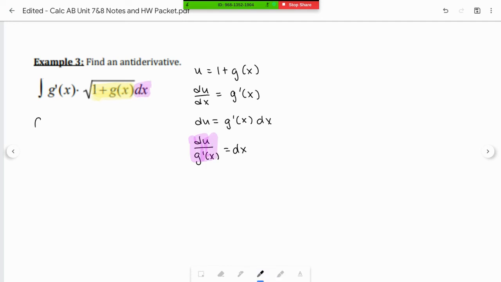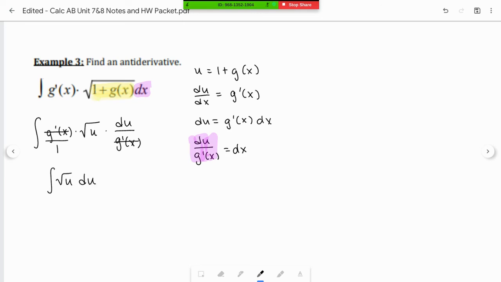And so if I plug that in, I have g prime times the square root of u times du over g prime of x. And notice that this g prime of x divides with this g prime of x, giving us just the integral of the square root of u du.